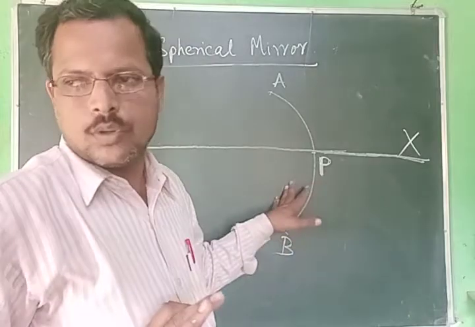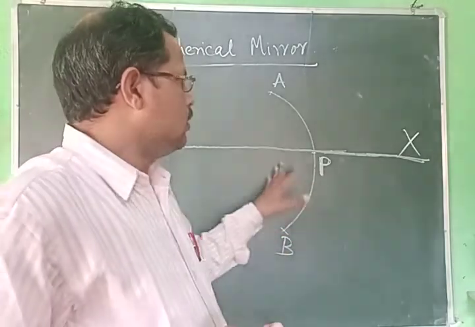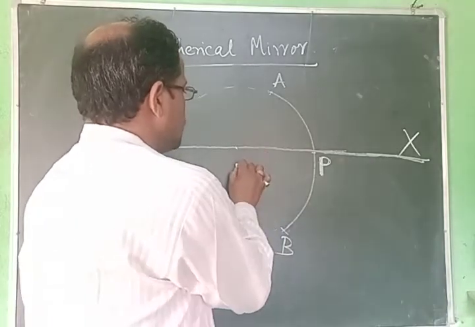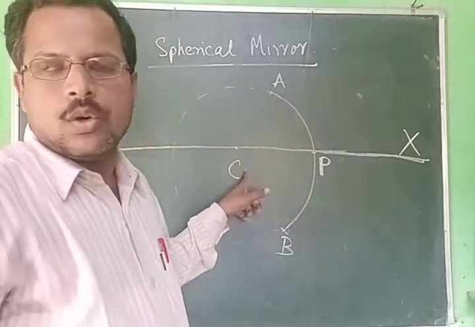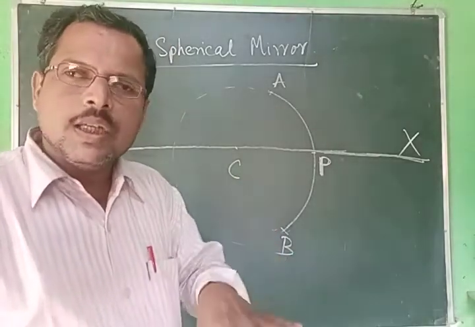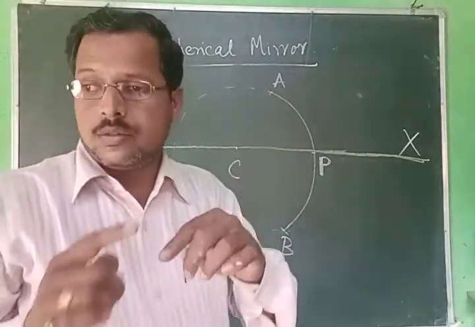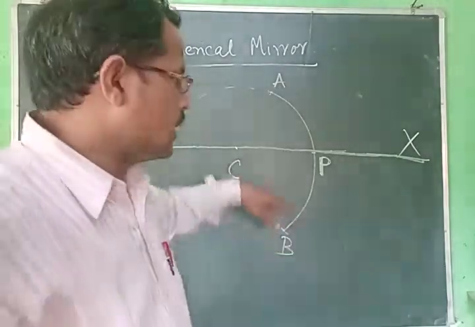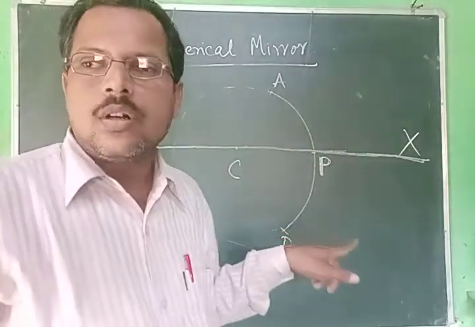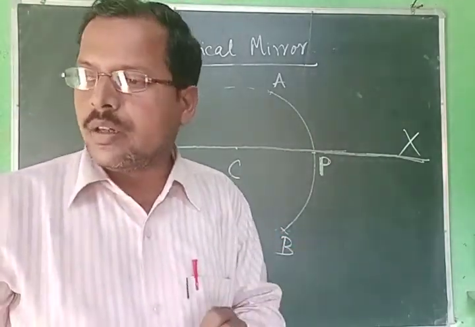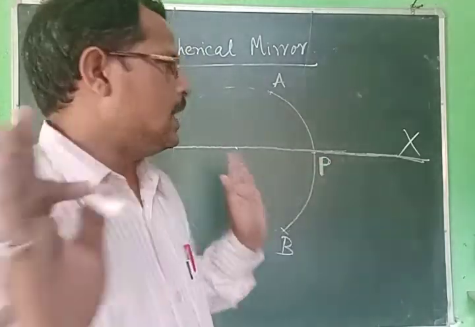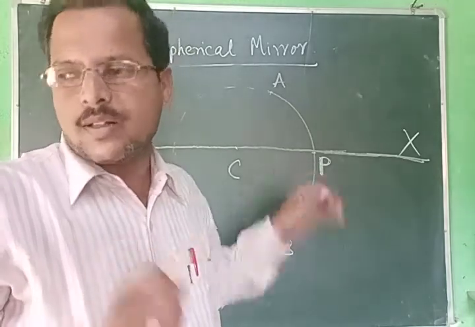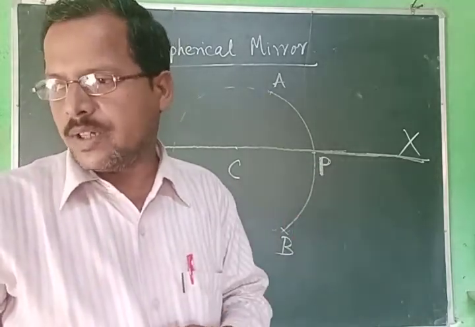Clear? What is the pole? And you know, again, the center of curvature. Suppose this is the center of curvature. If we think of a sphere from which the part is taken, the center of the sphere, or the center of this curved part, is called the center of curvature of the concave mirror. And it exists in the front part where the light is coming.